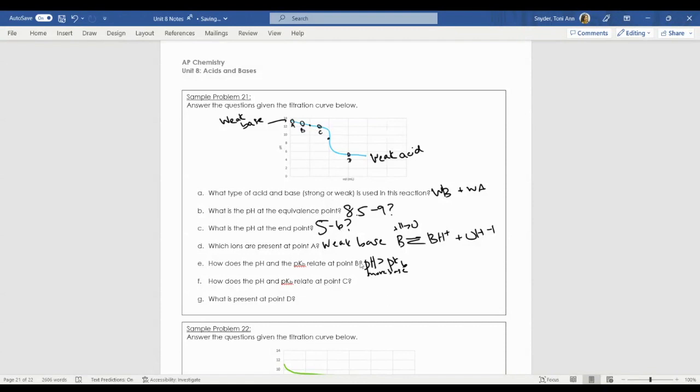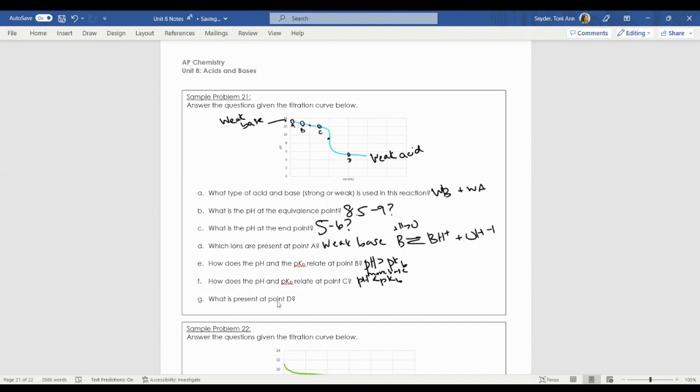At point C, my pH would be lower than my pKb. Again, I would have a little bit more acid present at this point, since I'm adding acid, so I would have a little bit more of that conjugate acid. Once I have that conjugate acid, the pH is going to go down. So my pH is less than my pKb.